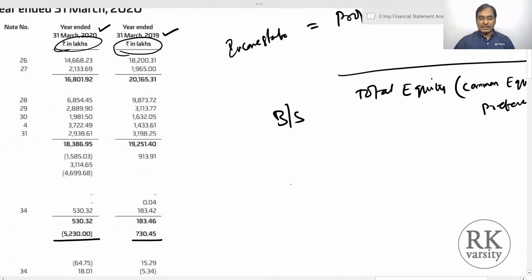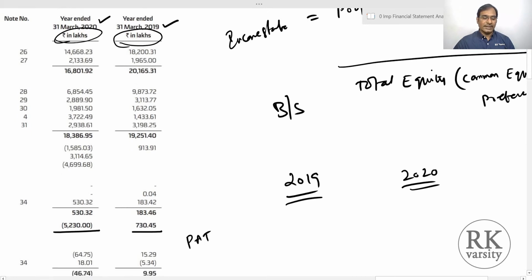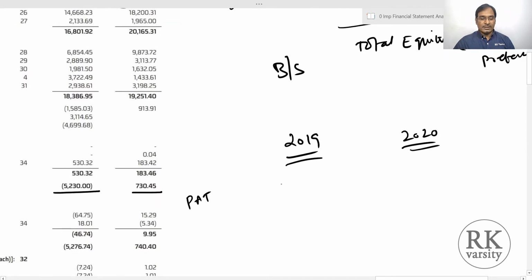We will calculate for two financial years, 2019 and 2020. This is profit for the year, that is, profit after tax. For 2019 this is 730 lakhs and here 5,230 lakhs. So there is a phenomenal decrease in profits for the company. Earlier in 2019 it made a profit, but in 2020 it incurred a loss of 5,230 lakhs.